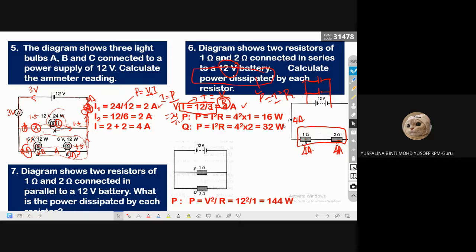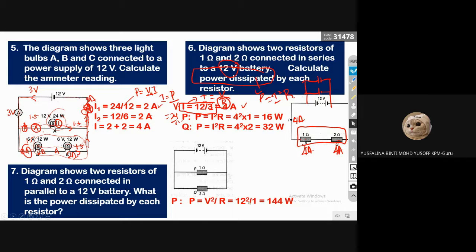What if you change it? We put it in parallel. Okay, if you put it in parallel, what you want to find is the power dissipated by each resistor. So here we have P is equals to V square over R. Because now the resistance is 1 over 1 plus 1 over 2, right?